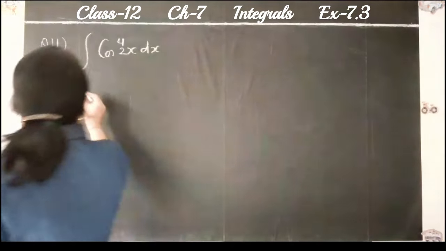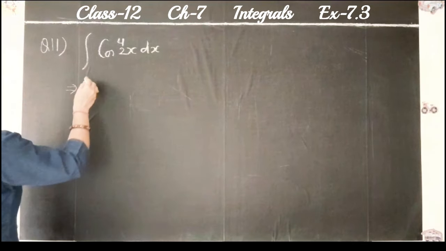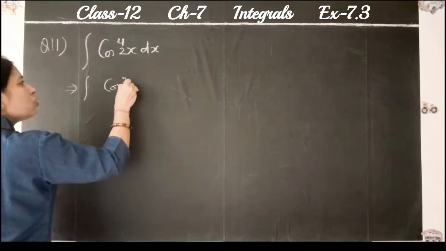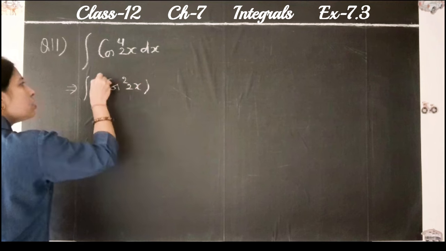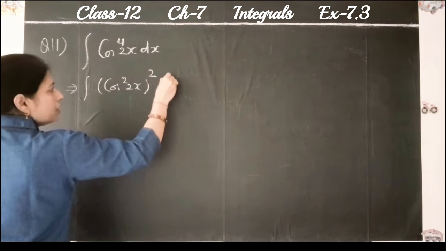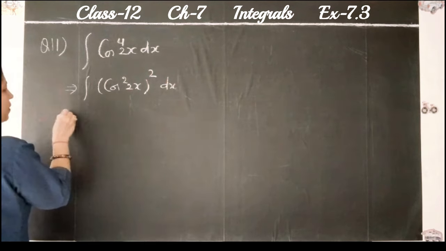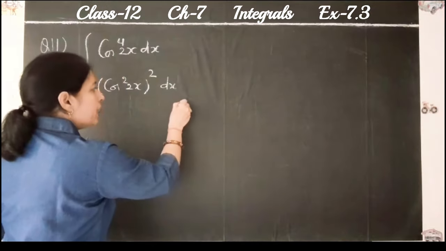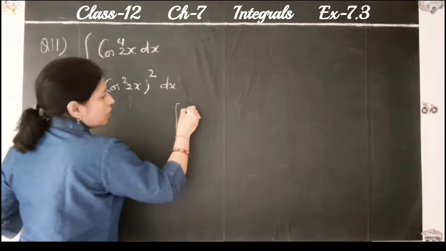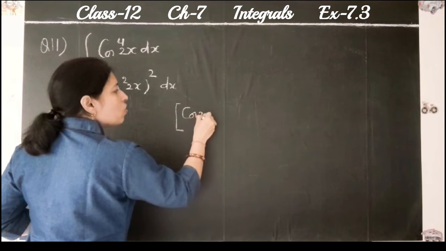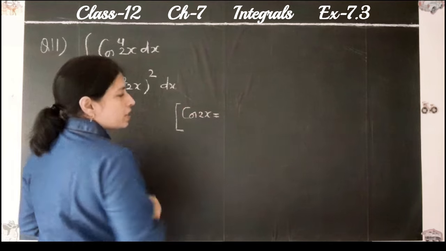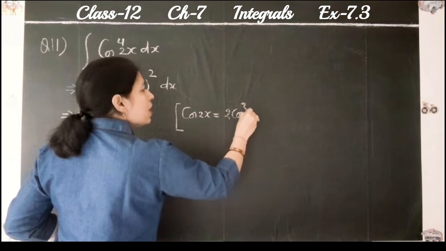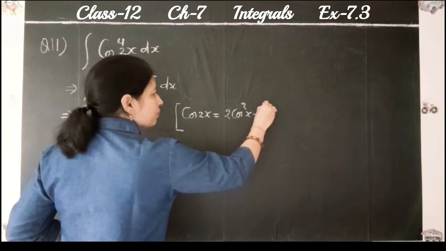Okay. So first we can write our integral as cos square 2x whole square, dx. And you know the formula for cos 2x: cos 2x is equal to 2 cos square x minus 1.